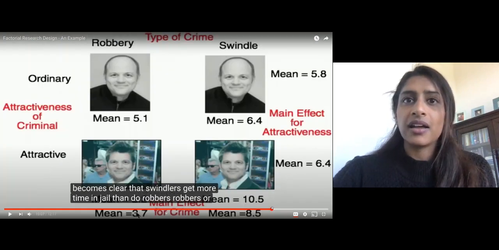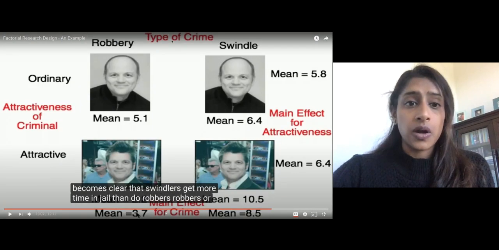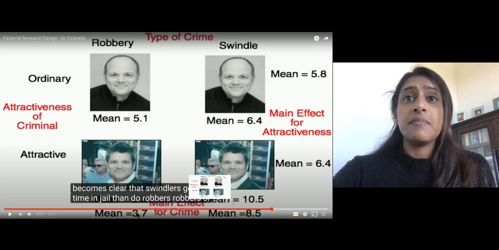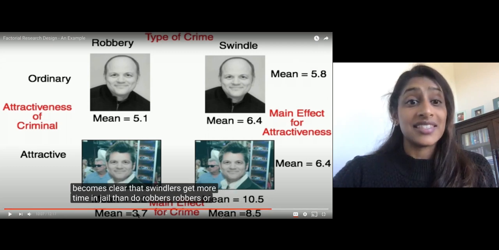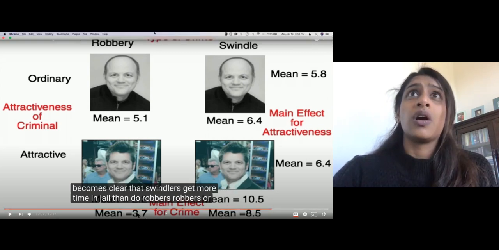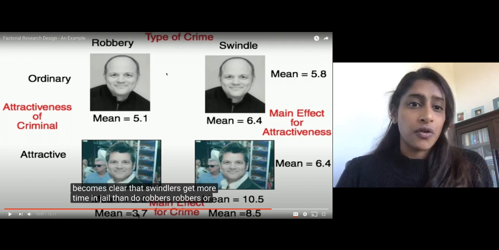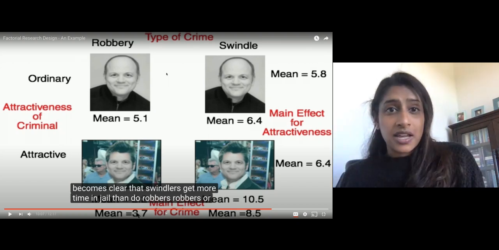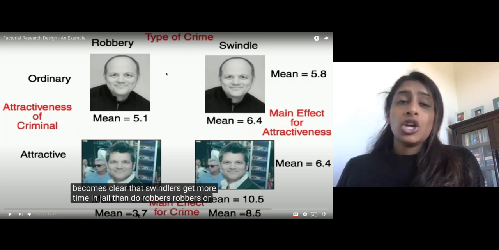So going back, type of crime is one independent variable. We add and divide to get our averages. This is the main effect for crime. It's as if we were looking at the type of crime as its own study and looking at the amount of time that was served, right?